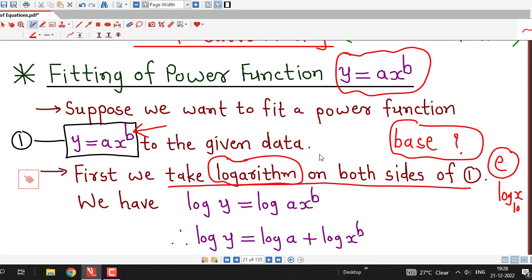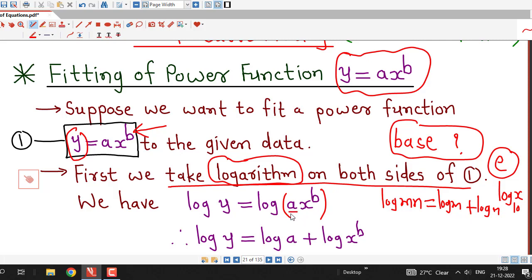So suppose we consider logarithm to the base e, then we have log of y equal to log of a times x raised to b, and using the property of logarithm we know that log of a product equals the addition of logs. Log of m into n can be written as log m plus log n.